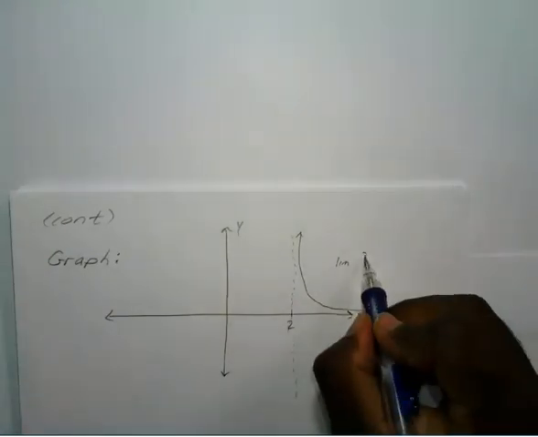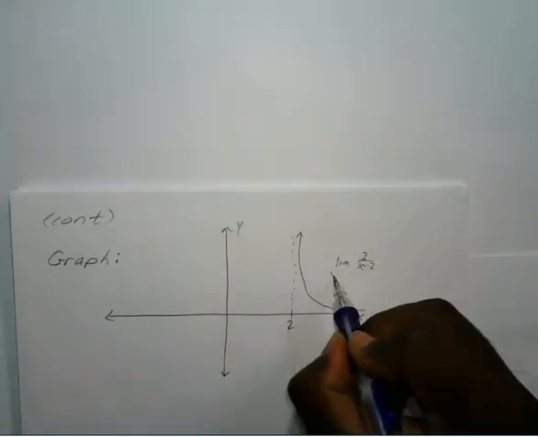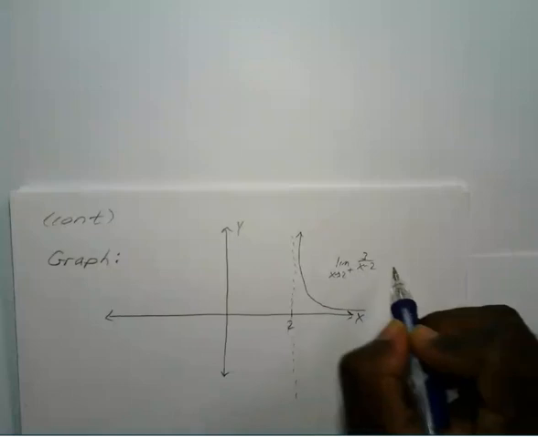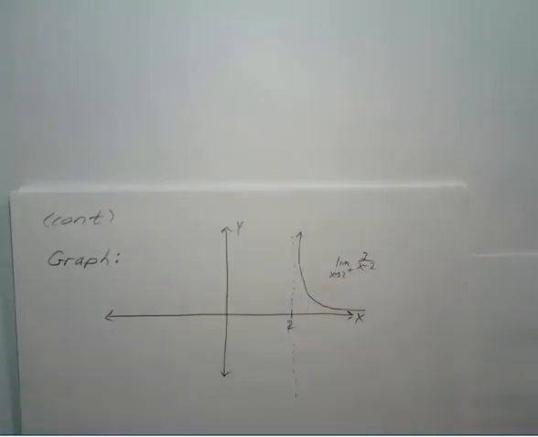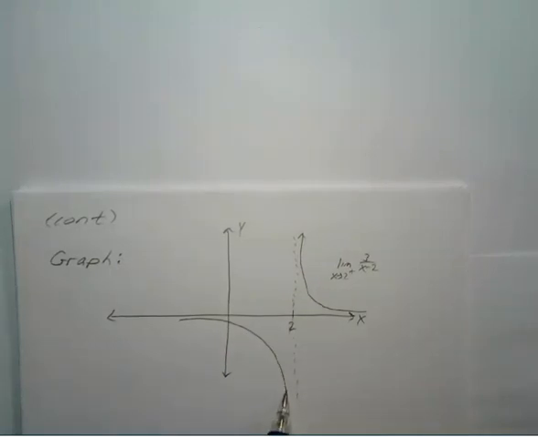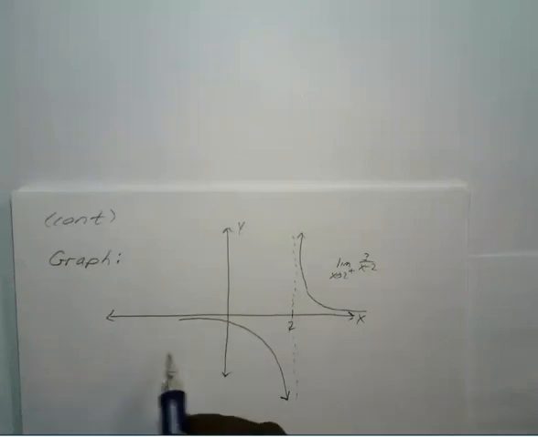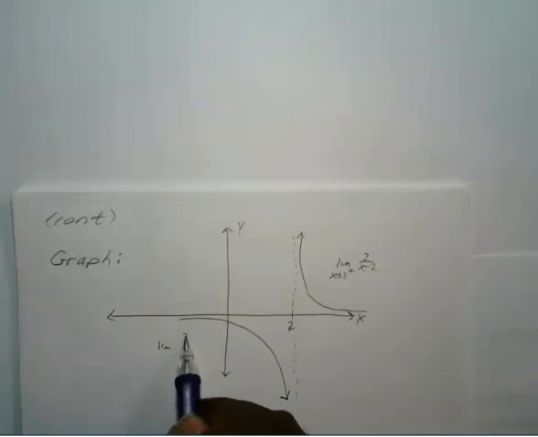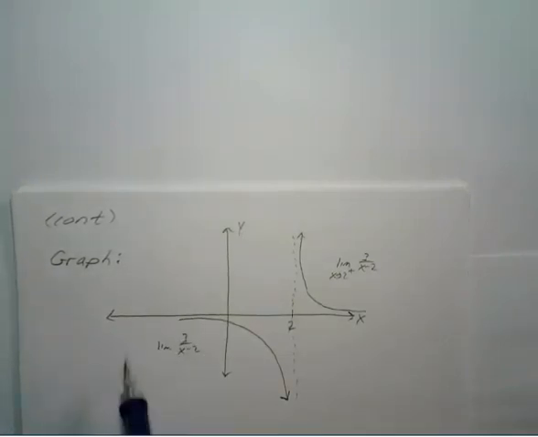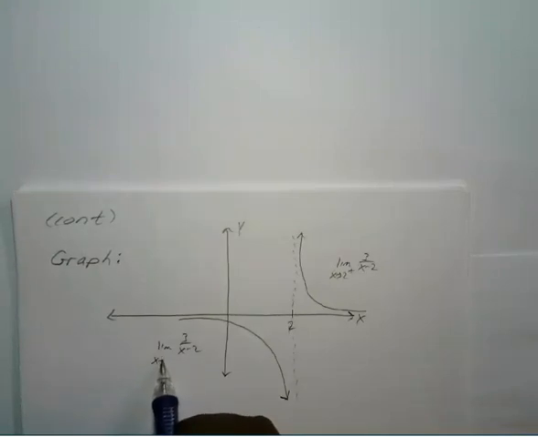Limit of 3 over x minus 2 as x approaches 2 from the right. Remember, that's going to equal infinity. But as it approaches 2 from the left, it's going to go towards negative infinity. 3 over x minus 2 as x approaches 2 from the left.